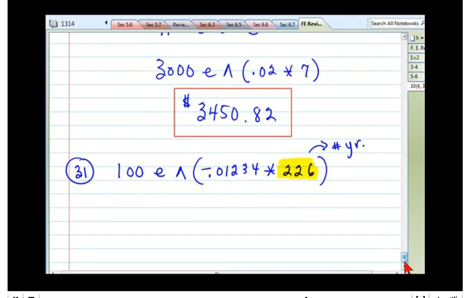You should see what you get when you do that. It says to round to the nearest hundredth, so I believe we should get 6.15 milligrams. You get it? Okay.